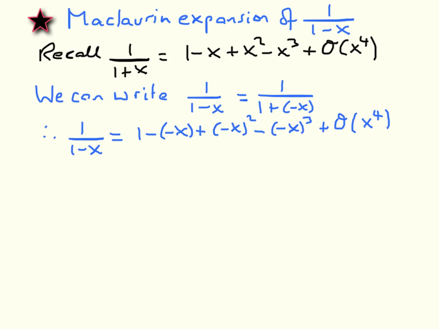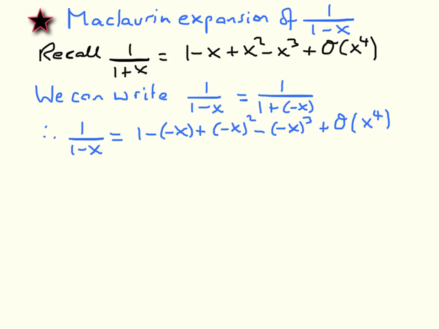So again, the 1 has not changed. Here we have minus x, and now we replace that x by a minus x. Here we have plus, and then the x squared becomes minus x squared. The minus sign is here, and then the x cubed becomes minus x cubed.